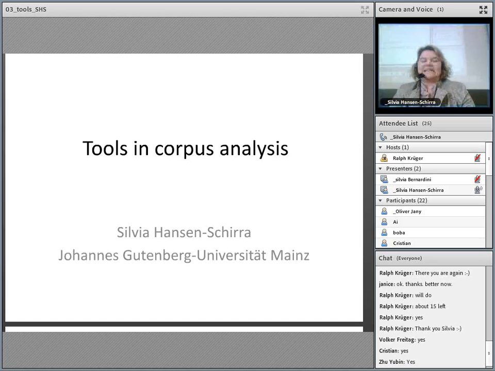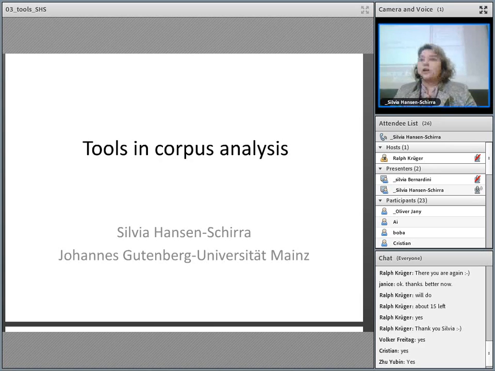Yes, so far we have seen how corpora can be used mainly to solve lexical translation problems. My opinion is that they can also be used to solve grammatical translation problems, for example when we have typological differences between the source and the target language, as well as typological gaps.